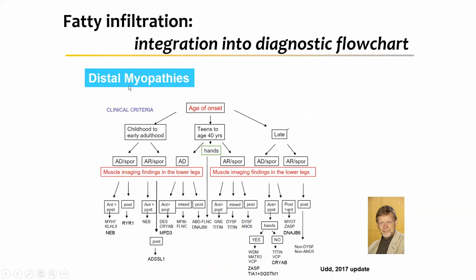But as you can see, starting with the age of onset, introducing the information on the transmission mode if you have it, and then simply by looking at the preferential involvement of the leg, is anterior more affected than posterior, or vice versa, or is it mixed, then you have very useful suggestions on possible gene involvement.